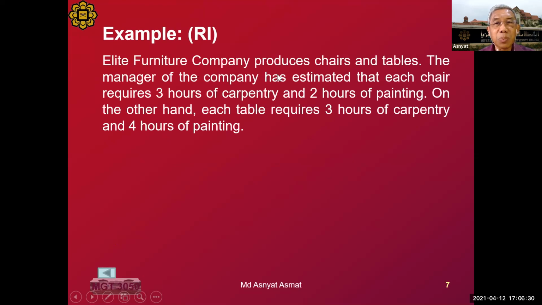Elite Furniture Company produces chairs and tables. The manager of the company has estimated that each chair requires 3 hours of carpentry and 2 hours of painting. On the other hand, each table requires 3 hours of carpentry and 4 hours of painting.